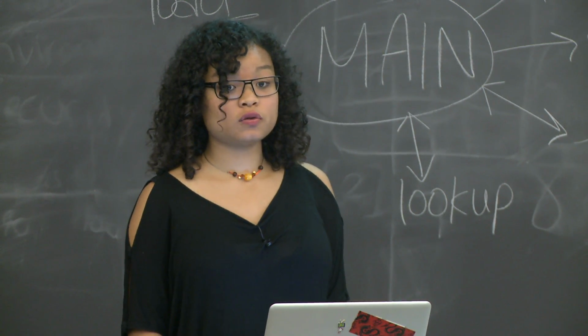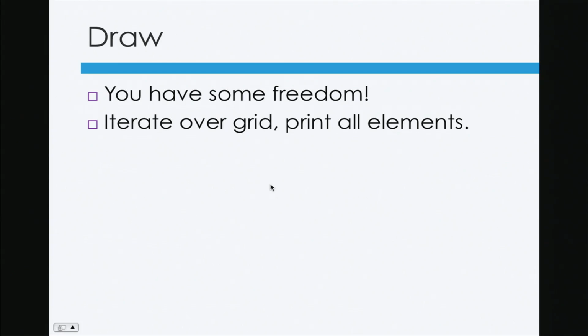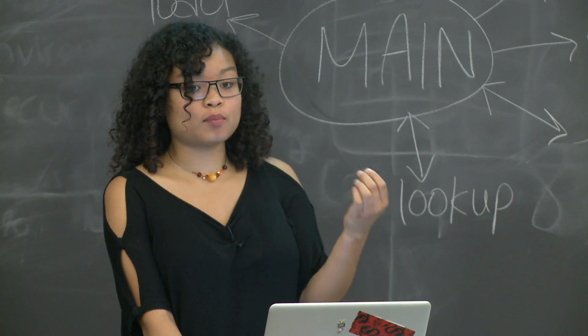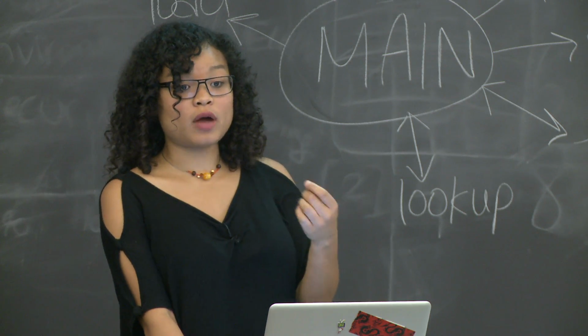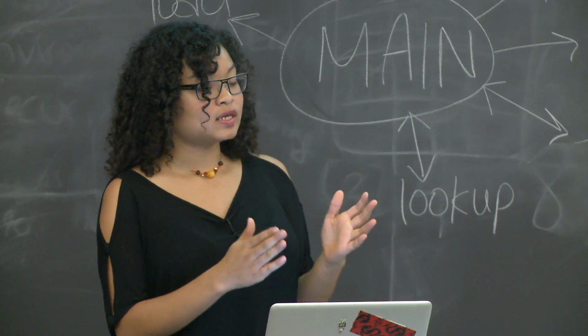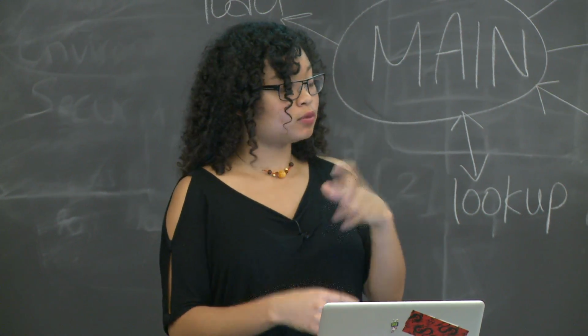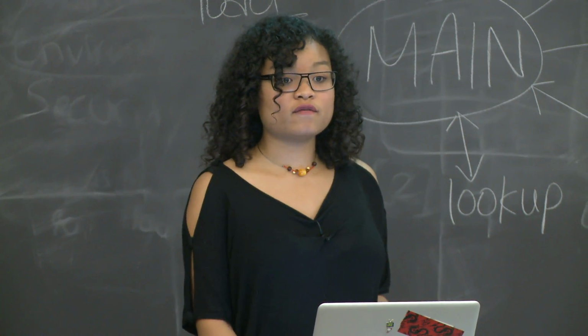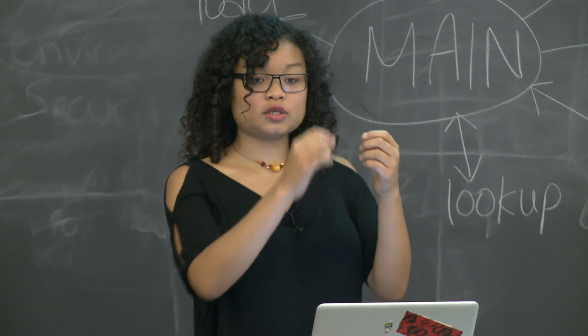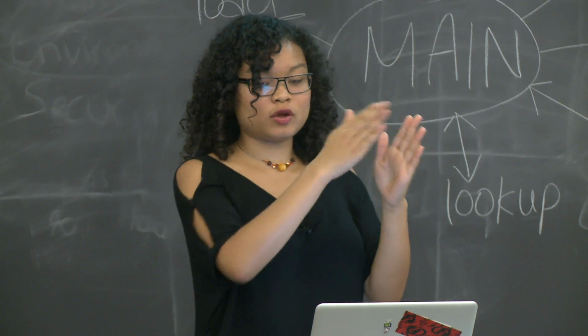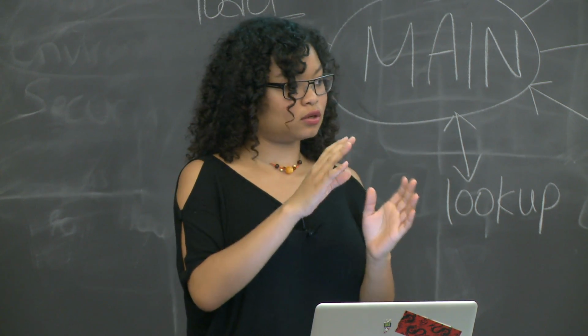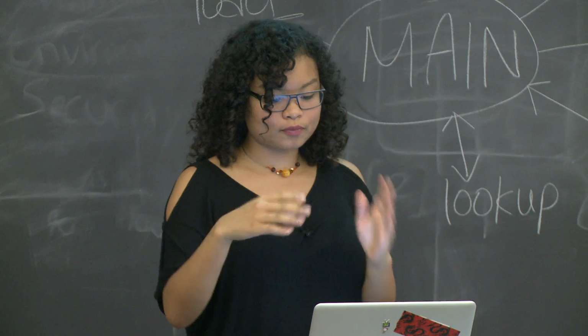Think back to how we iterate over all elements of a 2D array, and make sure that you have your loop and your print functions such that you're printing in the right order, using the indices when you iterate over it.